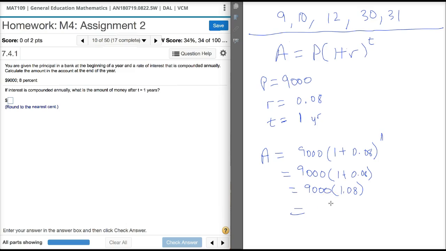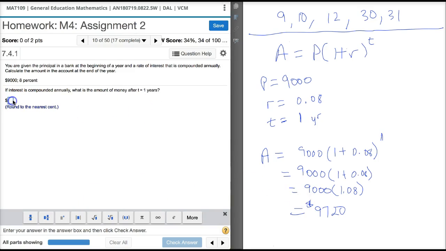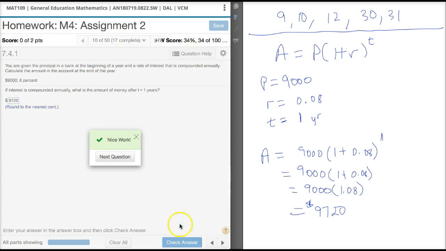If we take 9,000 and multiply it times 1.08, we get $9,720. And that's our accumulated amount here. Notice that these are exact numbers, so there's no need for us to round to the nearest cent here, because these are the exact numbers.